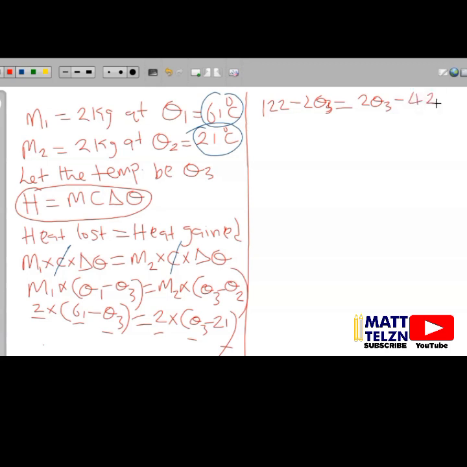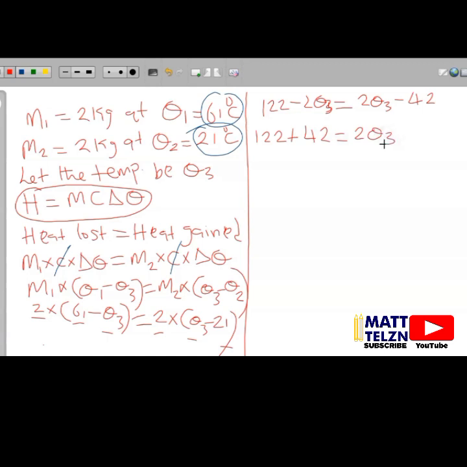So the next thing is collection of like terms. So I'm going to have 122, and I'll carry minus 42 to this side, which will give me plus 42 equal to 2 theta 3.